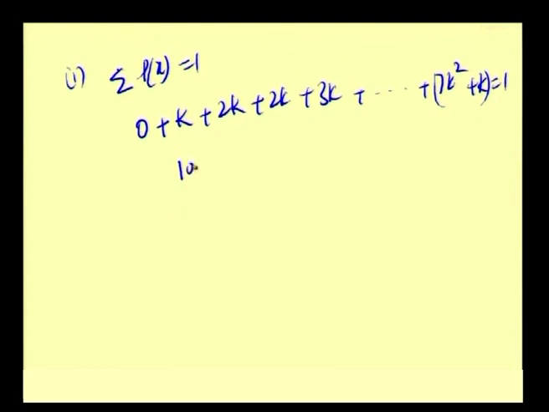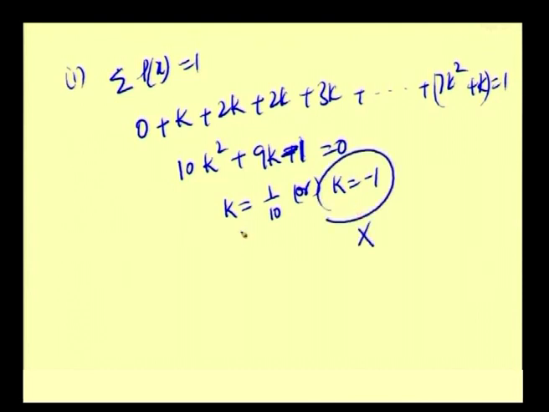This gives you 10k square plus 9k minus 1 is equal to 0. This gives you the k value as 1/10 or k is equal to minus 1. K is actually representing the probability value, therefore k is equal to minus 1 cannot be accepted. We have to take only k is equal to 1/10.